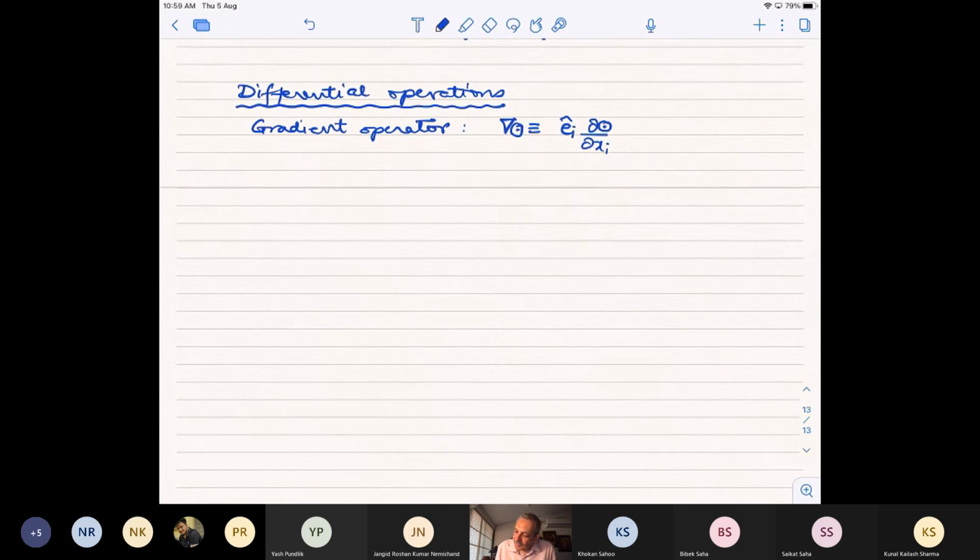So let's say if you wanted to just take of any function f, then del of f is just going to be e1 del f by del x1 plus e2 del f by del x2 plus e3 del f by del x3. Okay, so this is what you get. So this is nothing but gradient of a scalar.